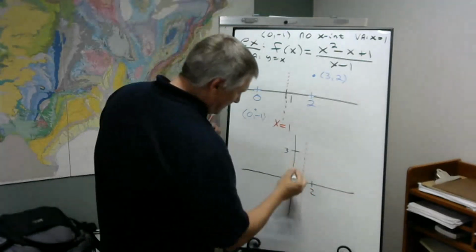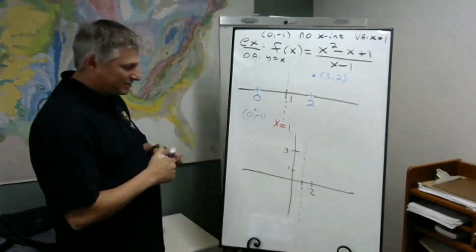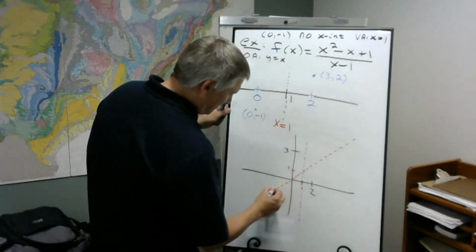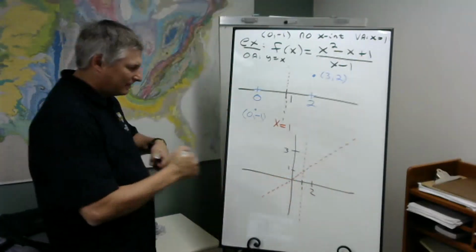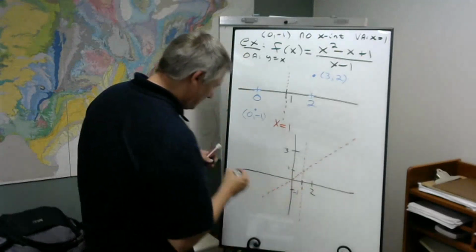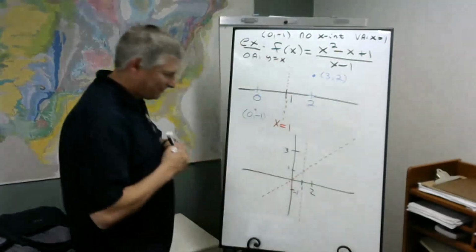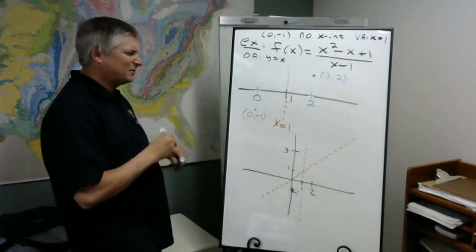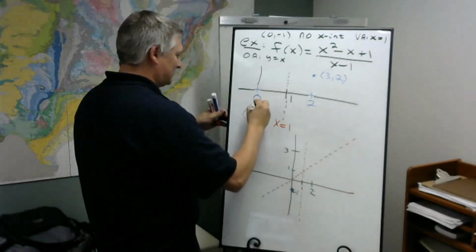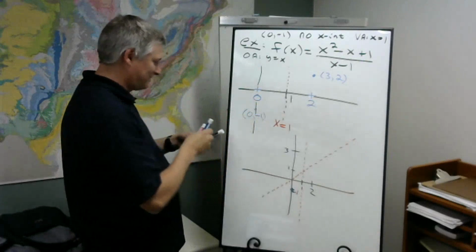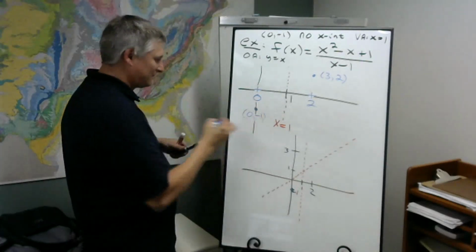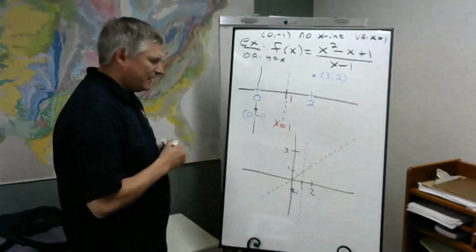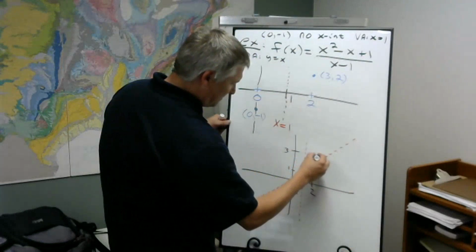And then we have an oblique asymptote, y equals x. And we also have a point, 0, negative 1. That's going to be right here. And I should put in my y-axis here just so there's no confusion. The y-axis was going through here on our test points. And then we have 2 and 3 right there.